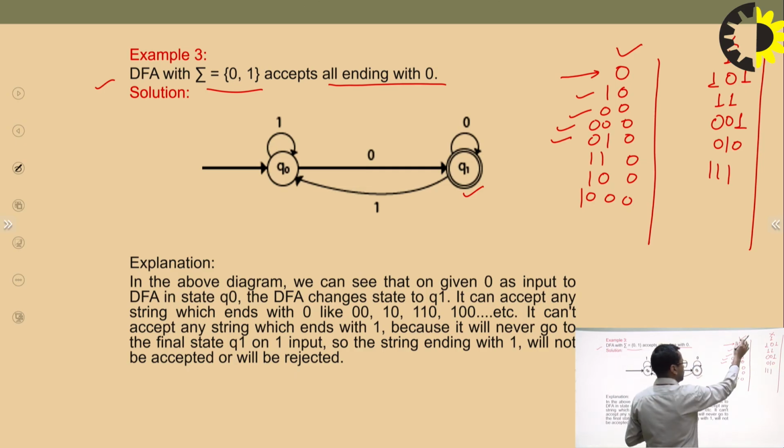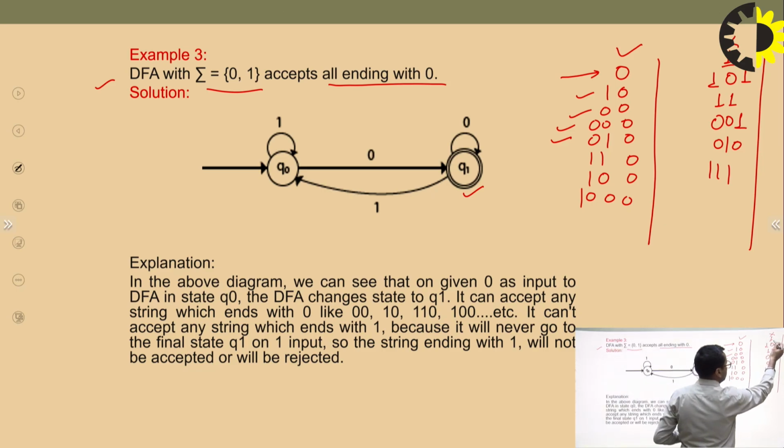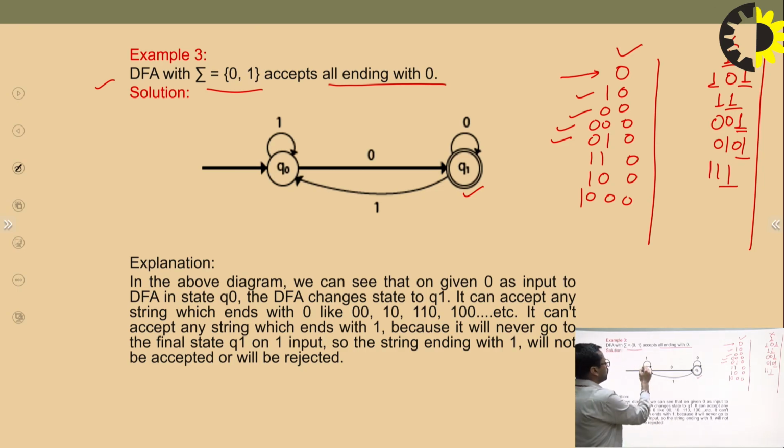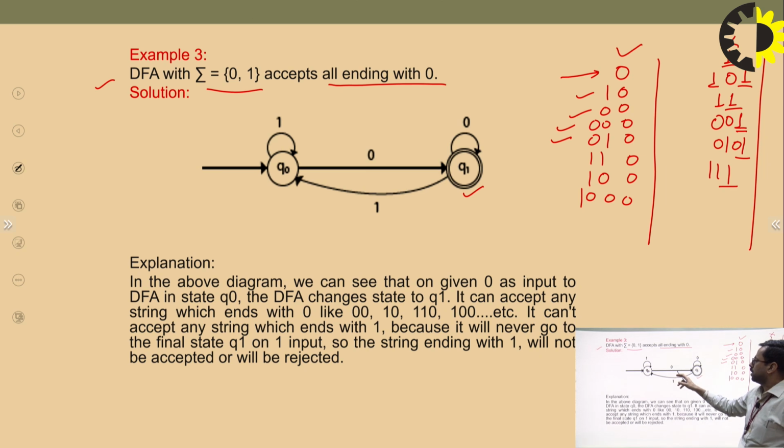So all strings that end with 0 go to the final state. But for strings that contain 1 as the last bit, when we apply multiple 1s at the initial state, it self loops and never goes to the final state. So all strings that carry 0 at the end go to the final state, and strings that do not end with 0 always switch back to the self loop and the starting state.